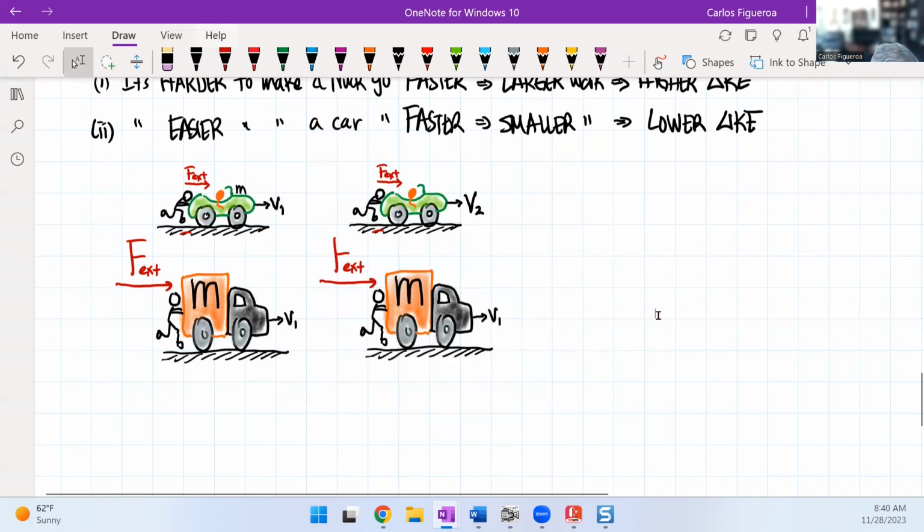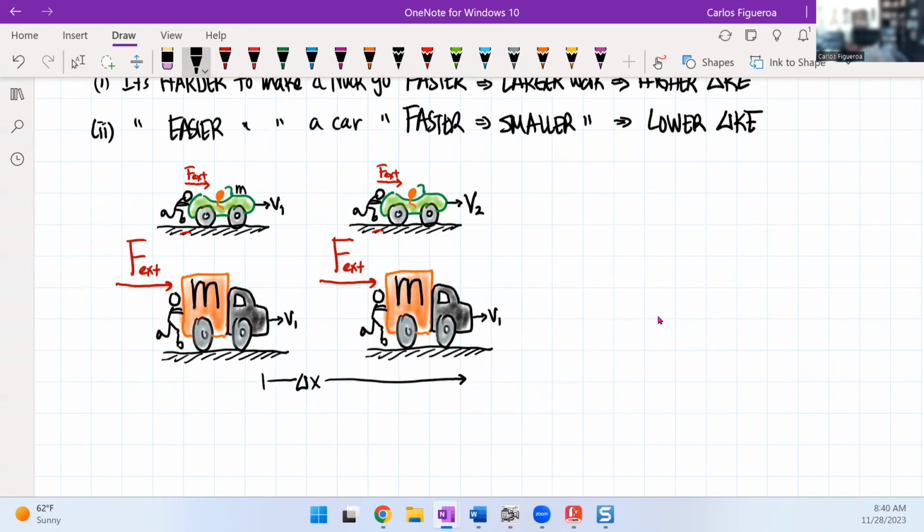now picture-wise, what are we seeing here? Well, we could imagine that in this situation, both of these objects move the same distance, but now what happens? Let's say that they both reach the same speed.